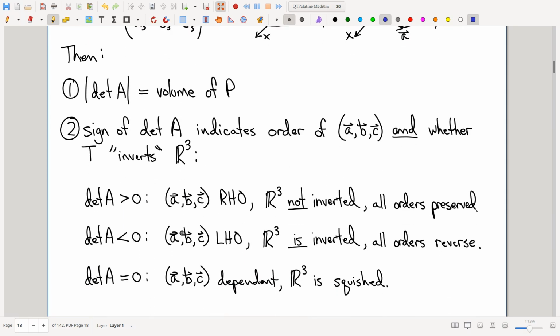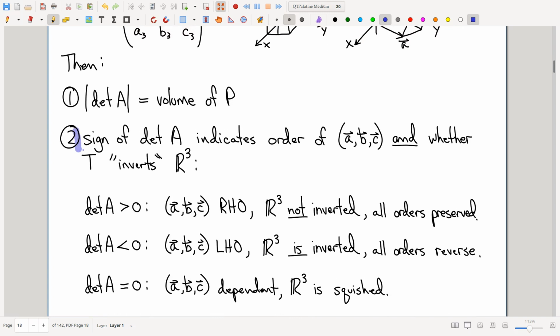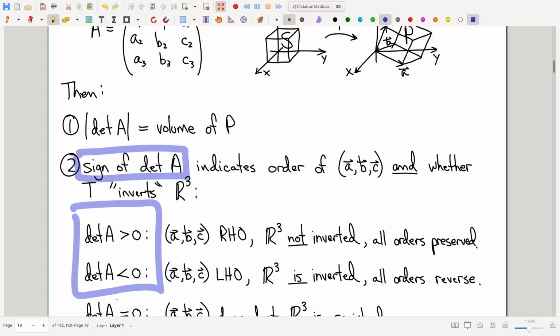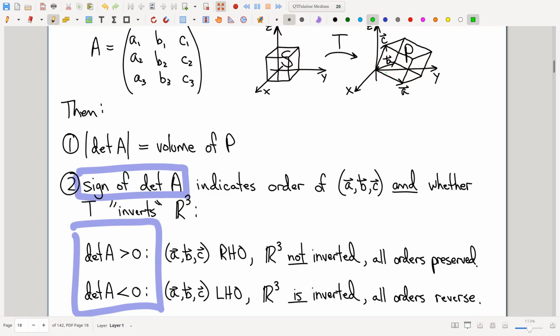And then again, the sign of that determinant, positive or negative, or there's also the anomalous, weirdo case of 0, but let's just talk about positive and negative. It tells you whether the resulting trio of vectors, the resulting list of vectors, is right-hand order or left-hand order.